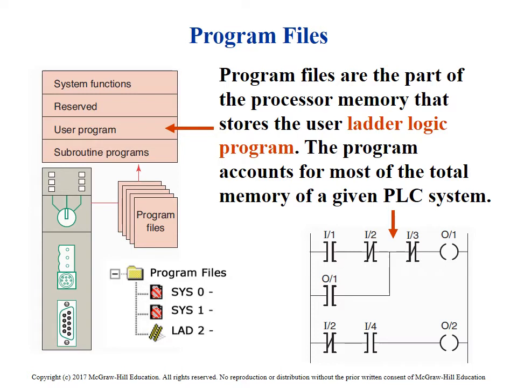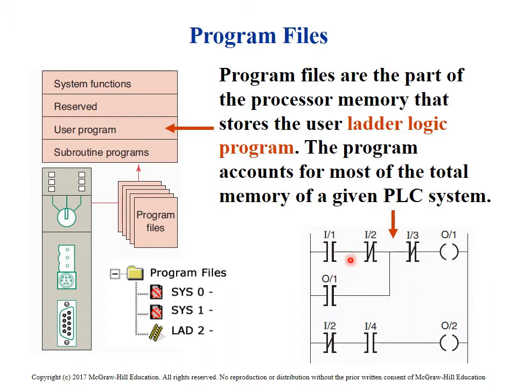So program files. Here we are looking at some program files, and here we've got our first real view of ladder logic. What we're looking at here is a series of contacts, normally open and normally closed. As each one of these closes, or as this address on an input card turns on, you will see this highlight in the program.